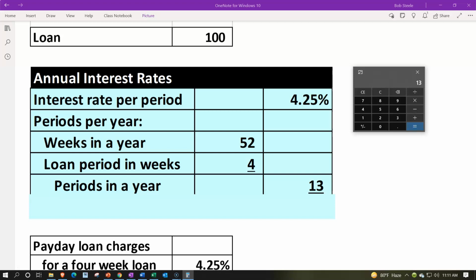Now, another way you could try to do this, if there's 4 weeks, you could break it out into days. If you're more comfortable with that, or if they give you some other term that's in a number of days, you could take the 4 weeks times 7, saying a week is 7 days. We're going to say 28.